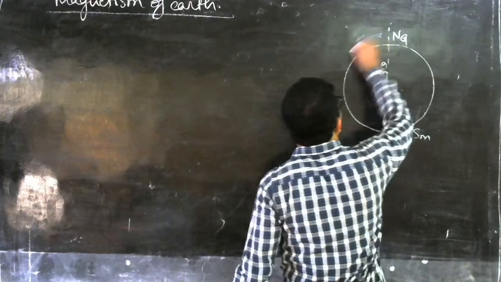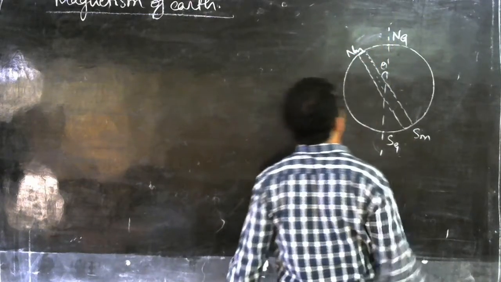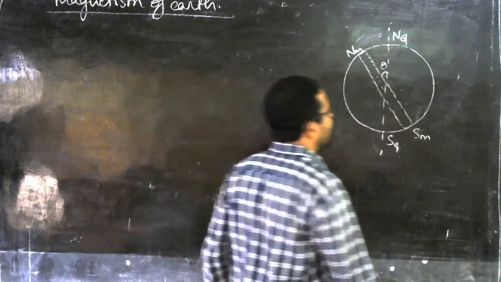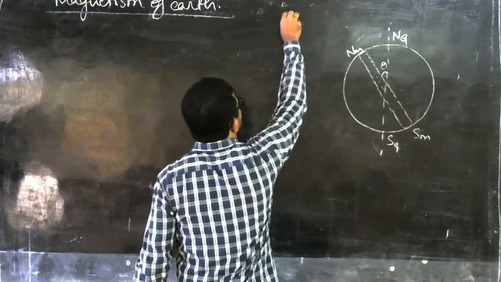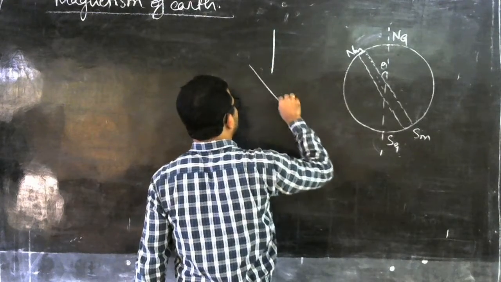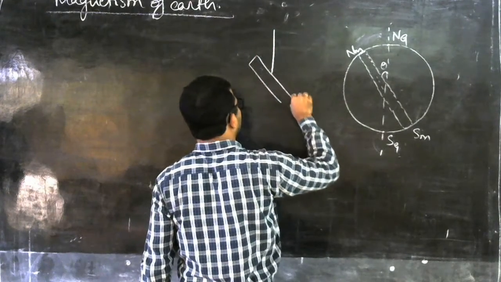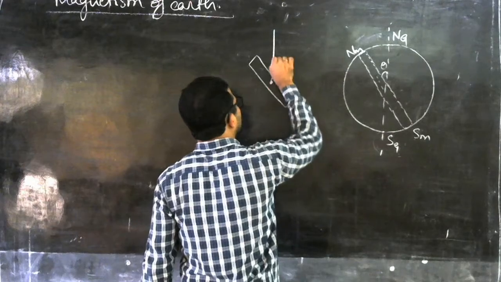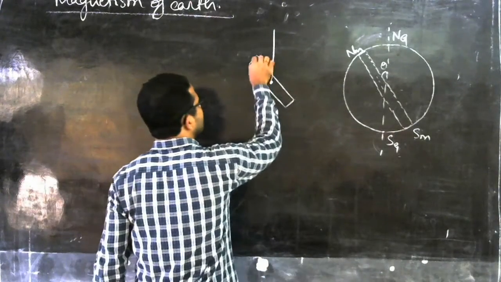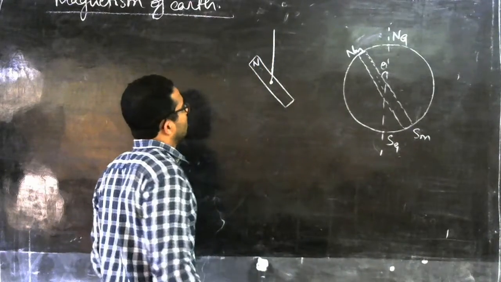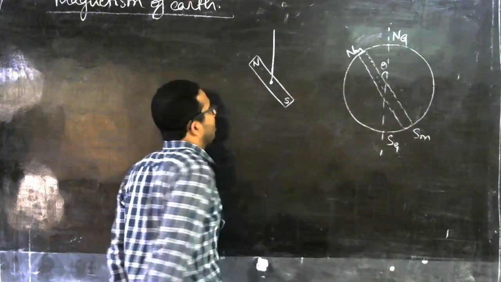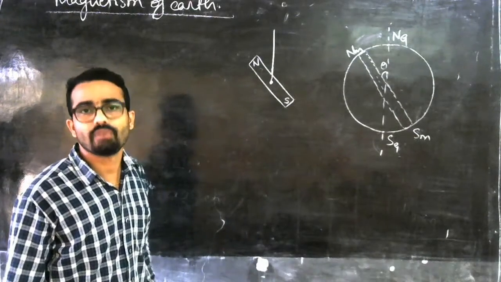Now, let us say a bar magnet. Let us suspend it freely. We have suspended a bar magnet, and let's say this is the direction of the north pole, and this is the direction of the south pole.